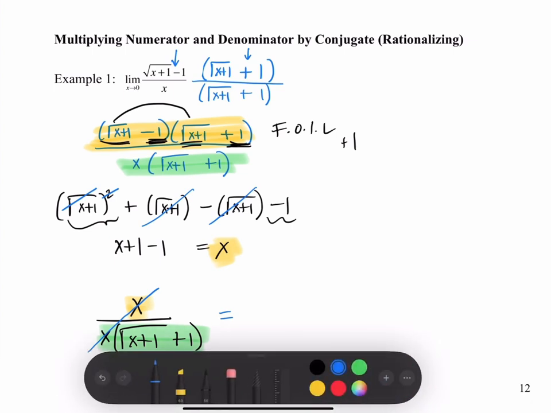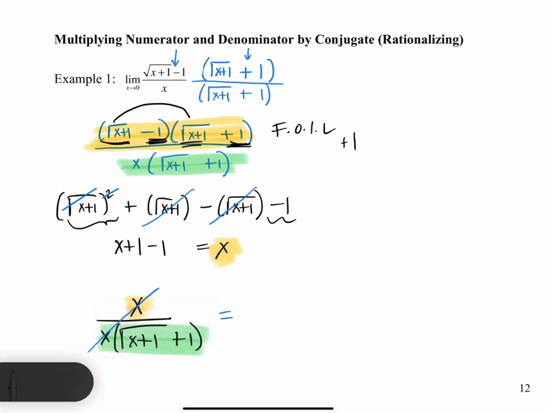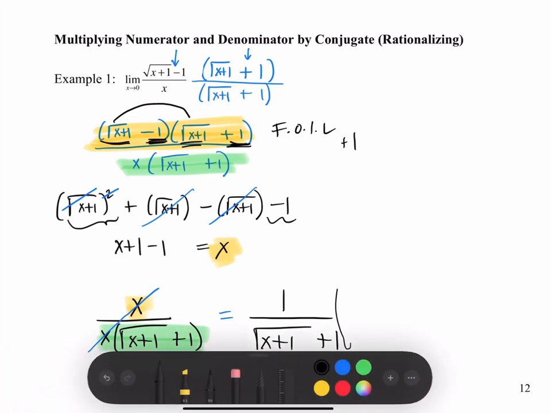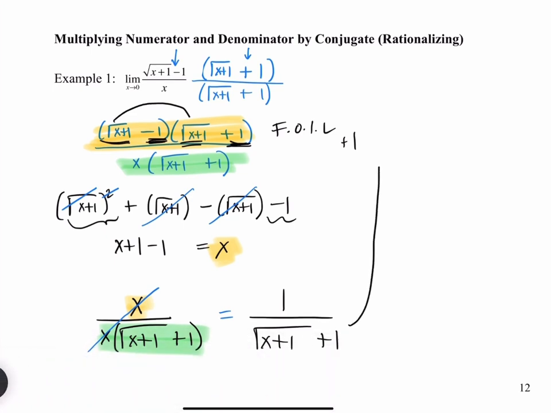Okay. And so once I simplify out that x, I'm left with 1 over radical x plus 1 plus 1. And this is my final expression. I've done the numerator, I did the denominator, and now I can evaluate my limit. So evaluating my limit, I get the limit as x approaches 0 of 1 over radical x plus 1 plus 1.